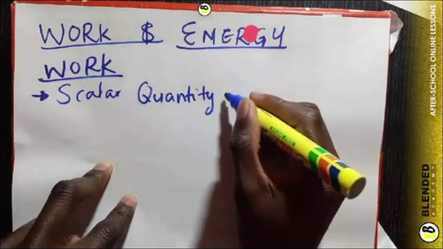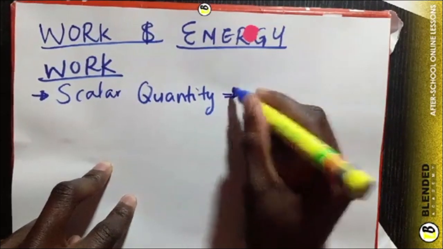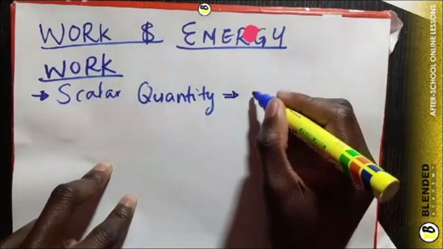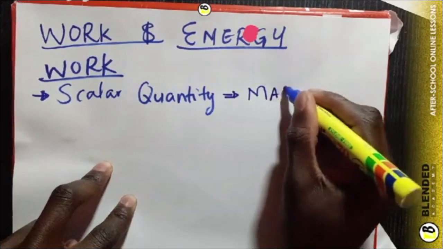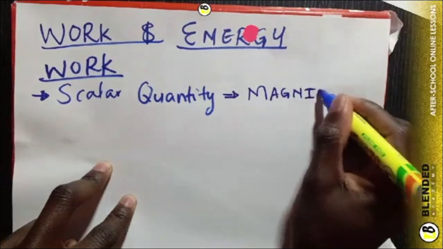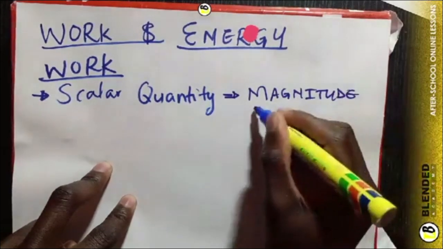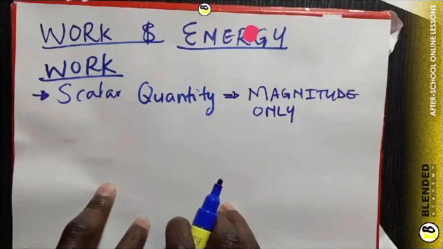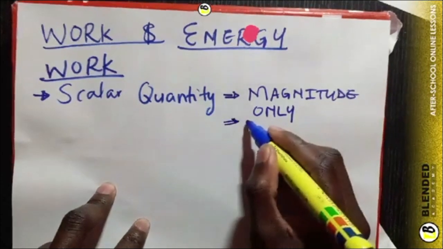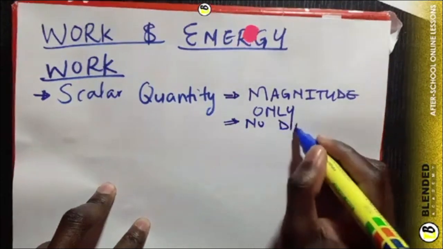So you guys should be able to recall this. So now a scalar quantity has no direction. So it's magnitude only. That's a scalar quantity. So we don't have directions here when we're dealing with scalar quantities.